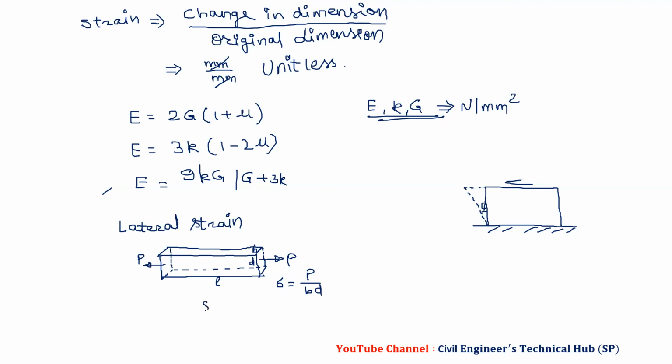So we have linear strain along the length. Delta L is the length after deformation minus the original length.